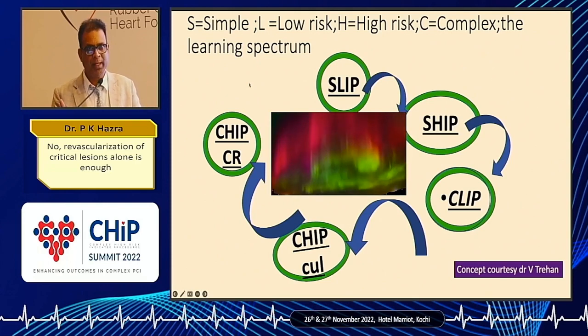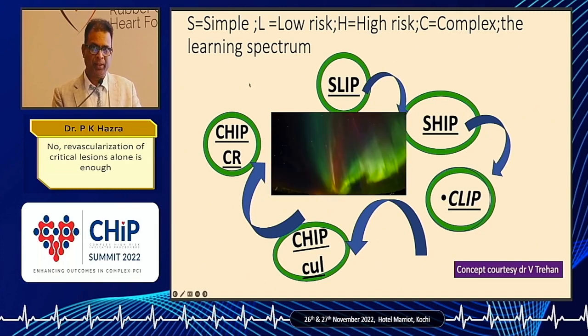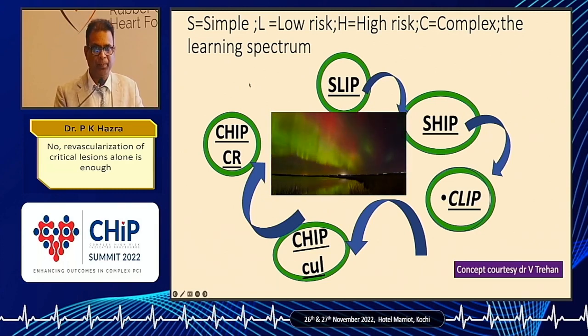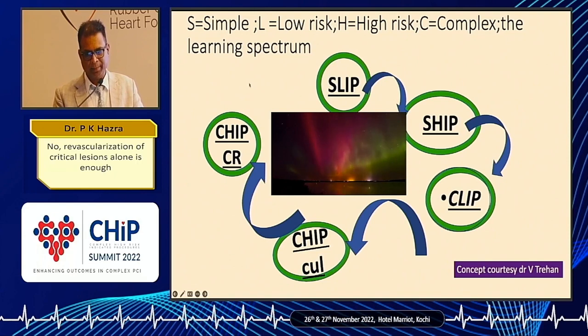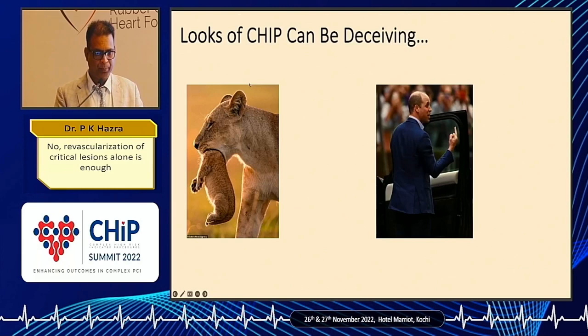It keeps on changing: the hemodynamics, the patient profile, the creatinine, the complexity, and it also depends on the perspective. Everybody sitting here, starting their career, starts with SLIP cases, simple, low-risk, then SHIP, simple, high-risk, then CLIP, then CHIP, culprit, then ultimately Dr. Sunita's way, when you are the best.